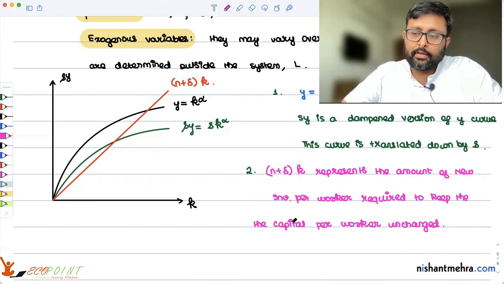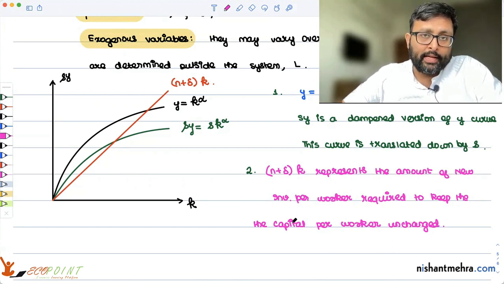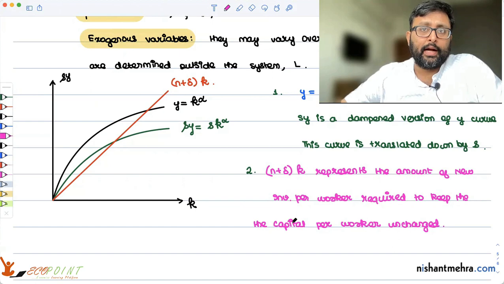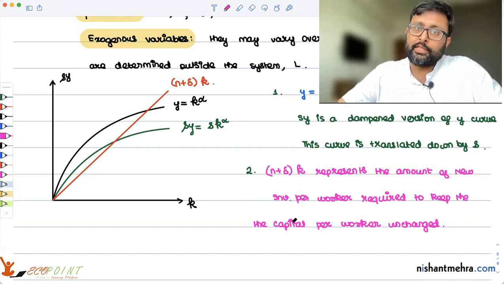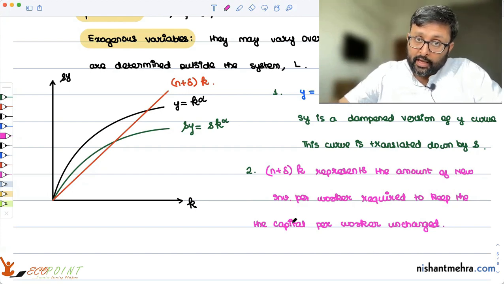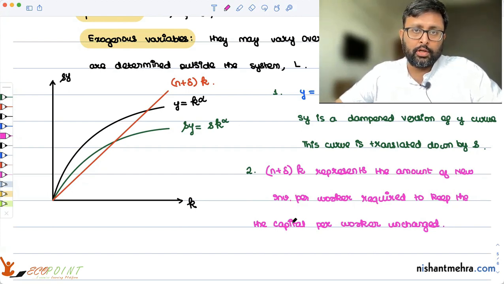And the point is, sy is telling you the number of machines added per worker. n plus delta k is telling you the number of machines that need to be added per worker. So if the number of machines added per worker is equal to the number needed to keep the capital per worker unchanged, you say small k dot is 0.